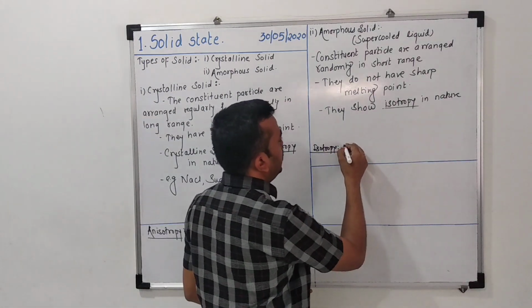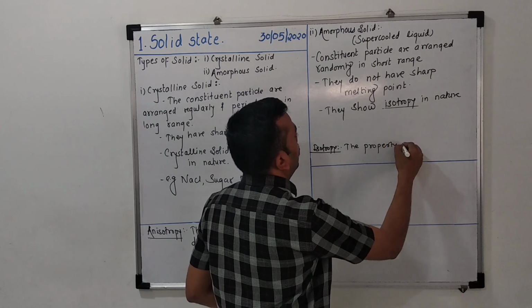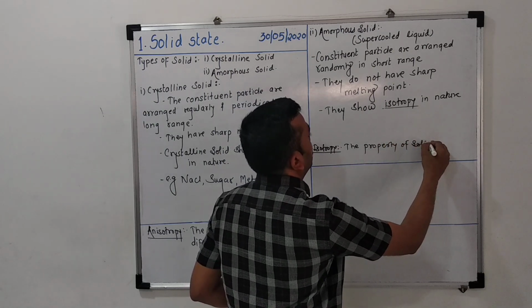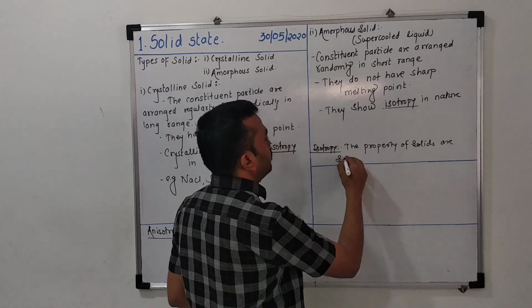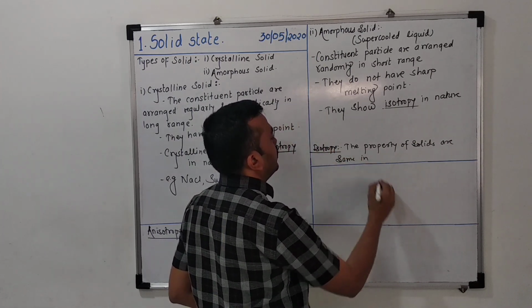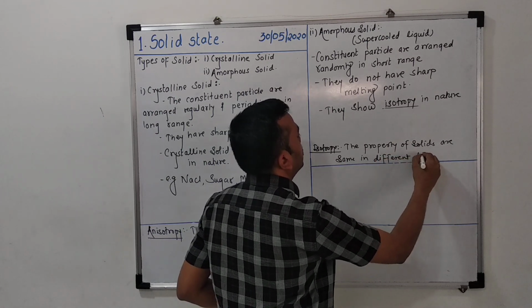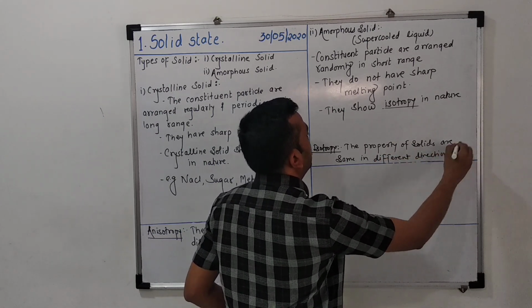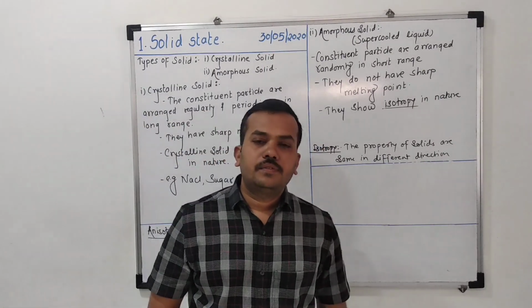The properties of a solid are the same in different directions. यानी इसका मतलब क्या?